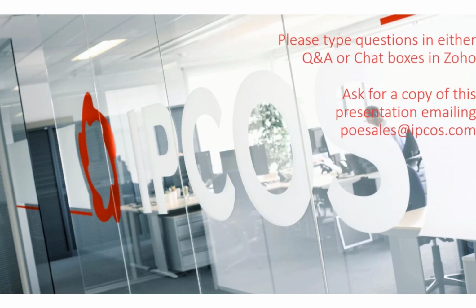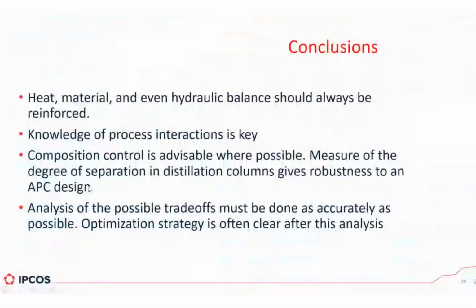And if not, then you need to make sure that you can somehow have a good estimation of your quality at hand, because not all qualities are as easy to estimate as others, in which case you would definitely need an analyzer. But I think bottom line, it just goes back to one of the conclusions: composition control is always advisable, whichever the case is.